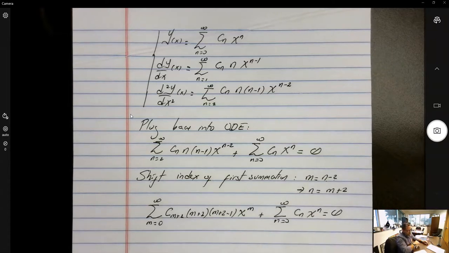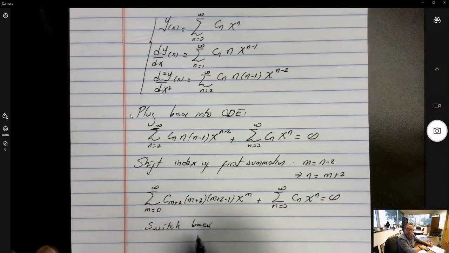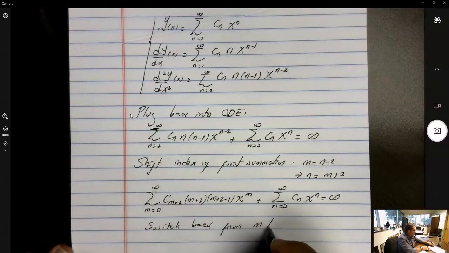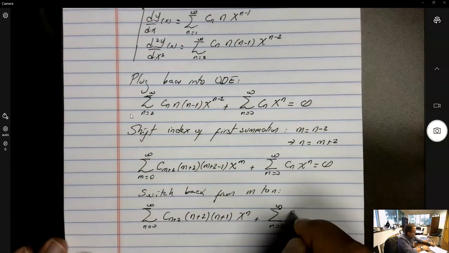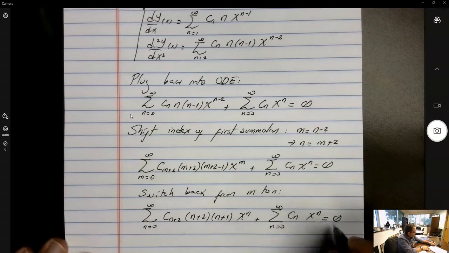Right? So then I'm going to switch the notation back from m to n. So this is a series from n equals 0 to infinity of C(n plus 2) times (n plus 2) times (n plus 1) times x to the n, plus a summation from n equals 0 to infinity of Cn times x to the n is equal to 0.